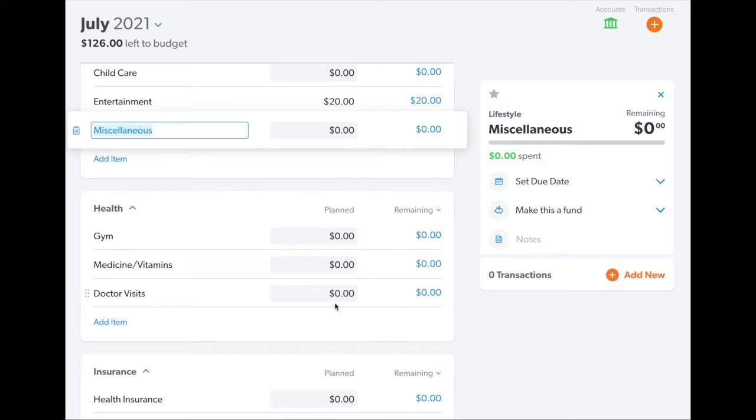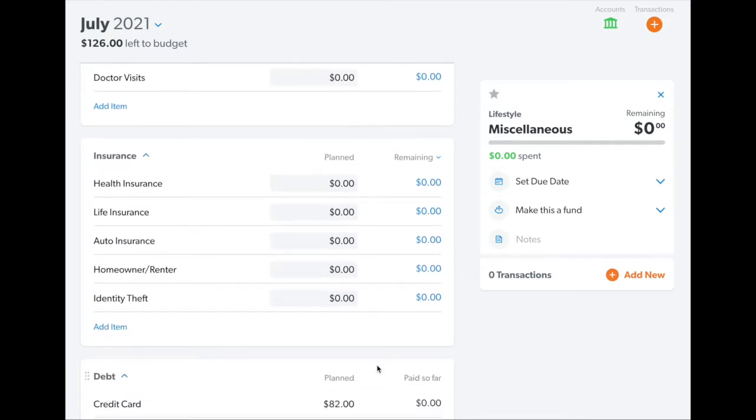Maybe I have an HSA or health savings account, so I don't put my medical stuff in this budget. And then I don't put my insurance in this budget because I pay for my insurance through my employer. So everything comes out of my paycheck before I get it. If I had to pay these bills after I already got my paycheck, then I would put them in here. So maybe I'll skip health insurance.